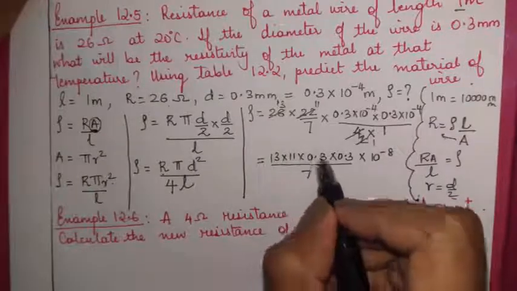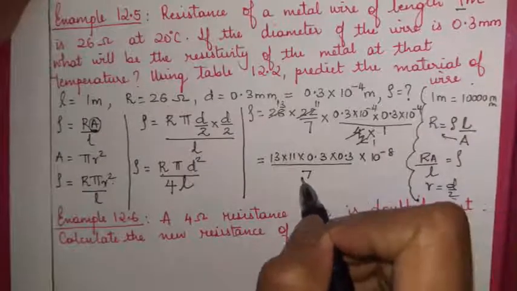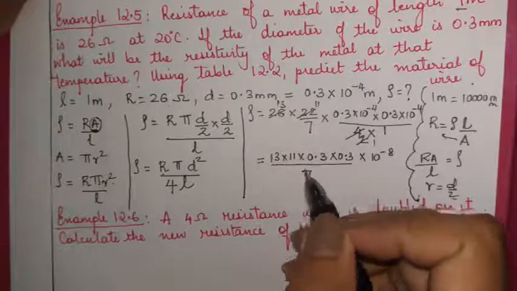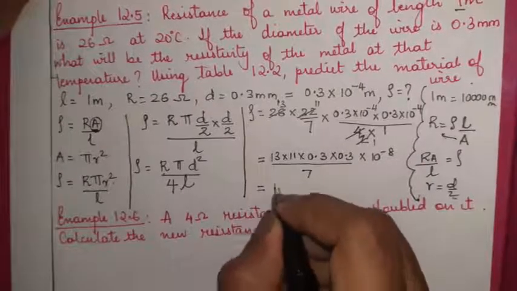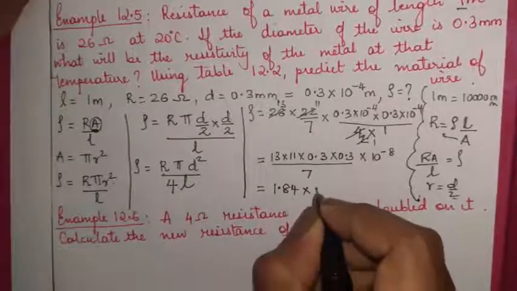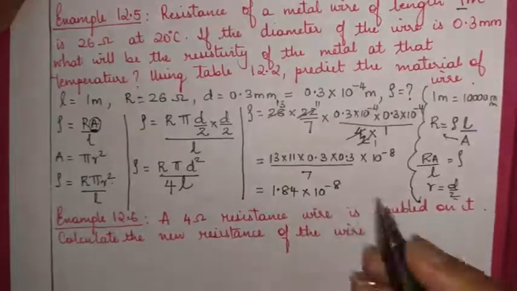Now you multiply these numbers in the form of decimals, divide by 7, and you will get the answer as 1.84 multiplied by 10 raised to minus 8.